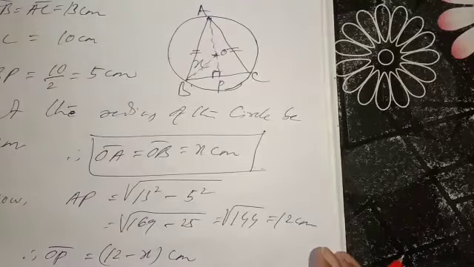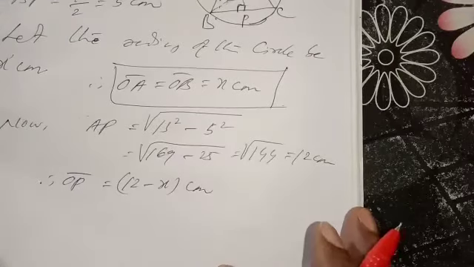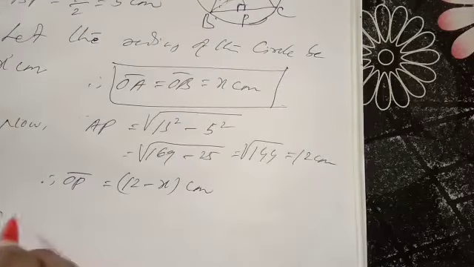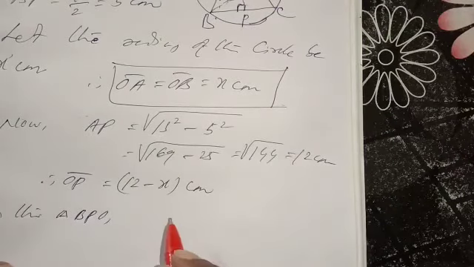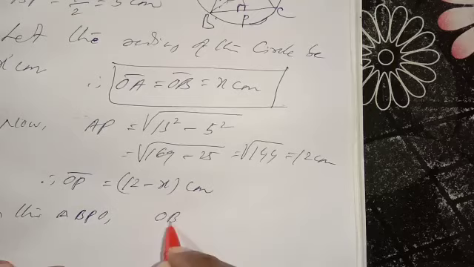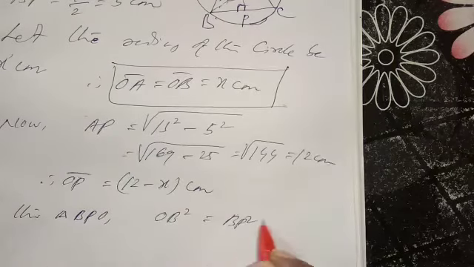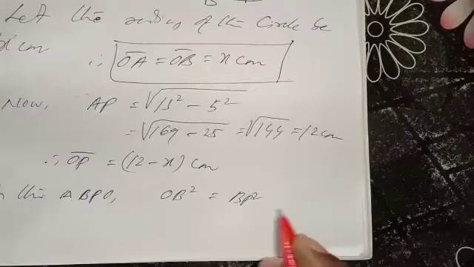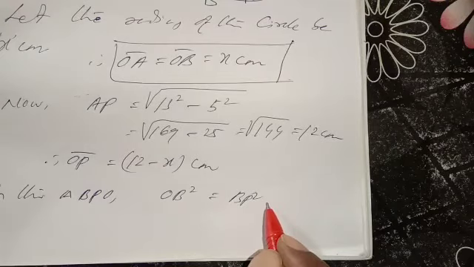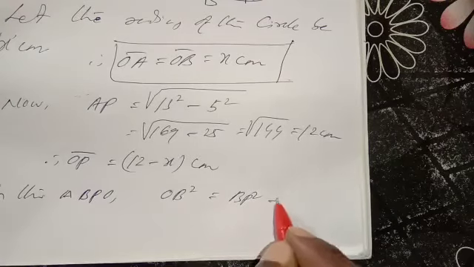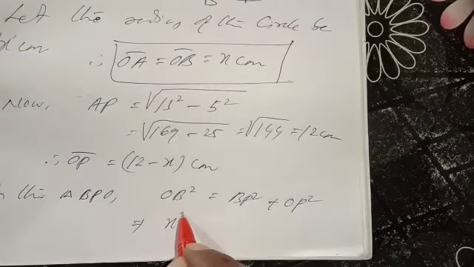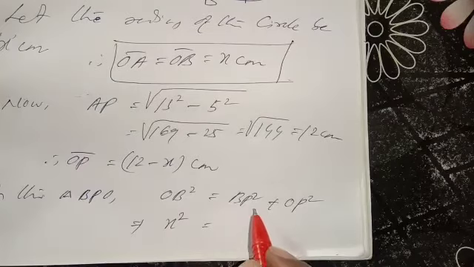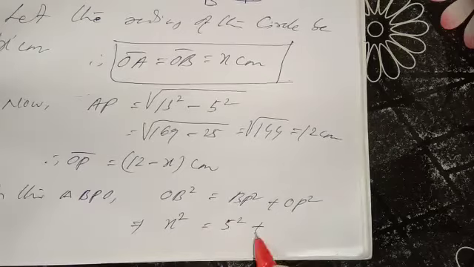Now in the triangle BPO, you have to apply Pythagoras theorem, that is OB square equal to BP square plus OP square. So here OB I have taken x, that means radius x square, BP that is 5 whole square, plus OP square.